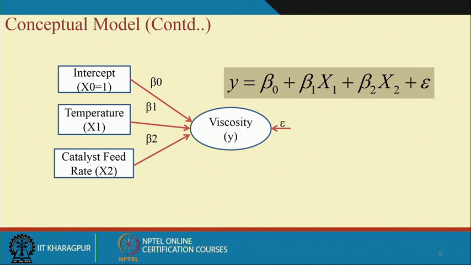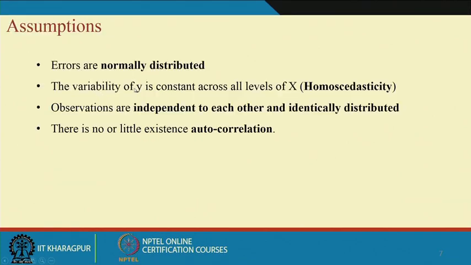The assumptions are: errors are normally distributed, the variability of y is constant across all levels of x, which is homoscedasticity, observations are independent of each other and identically distributed, and there is no or little autocorrelation.